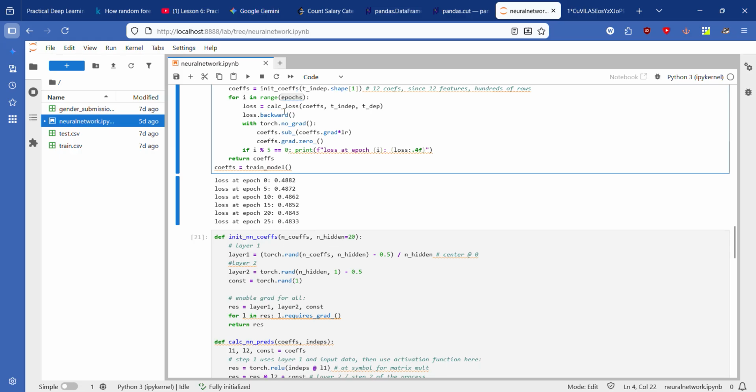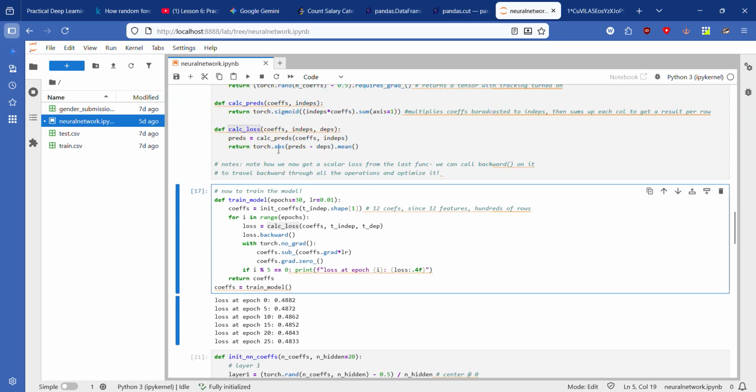And then for each epoch, I'm going to calculate the loss. Remember, it's returning a tensor, not a scalar value. That was super confusing for me, so I keep repeating that. And the cool thing about a tensor is it can call dot backward.